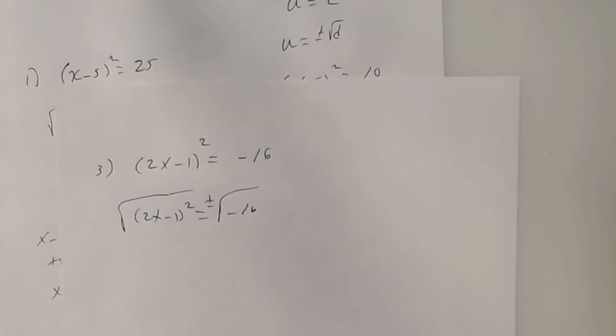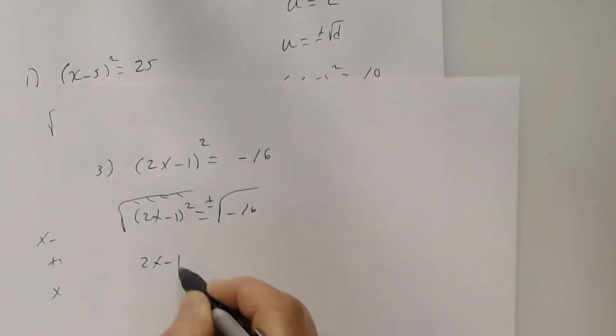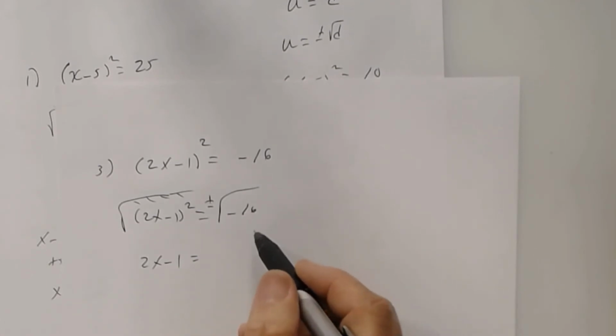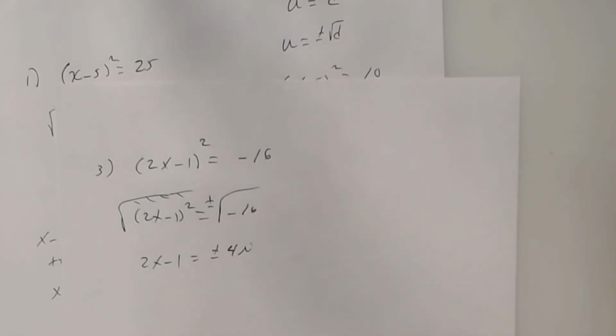Okay. So the left side becomes what? 2x minus 1. The right side becomes plus or minus what? 4i. Very good. Now, since that's not a rational number, here's the way I will accept it.